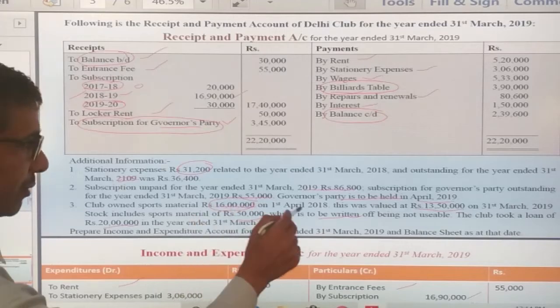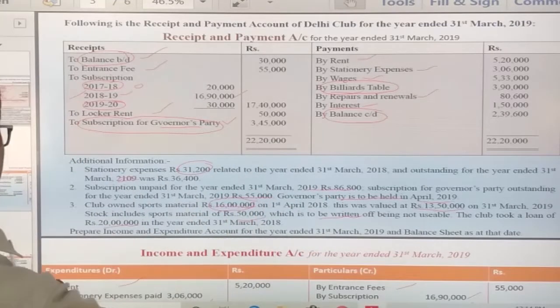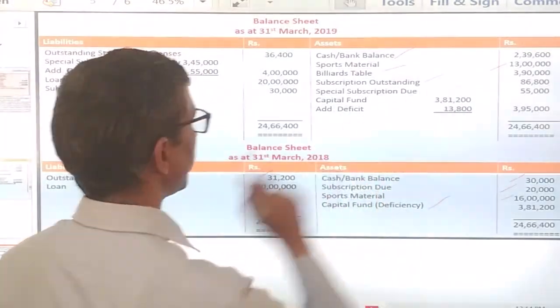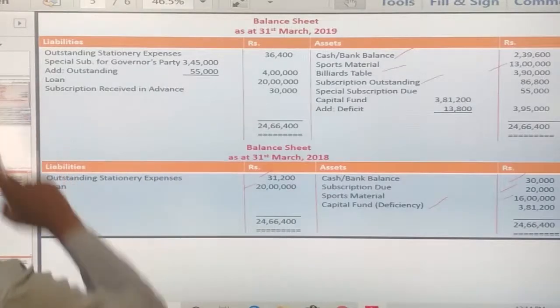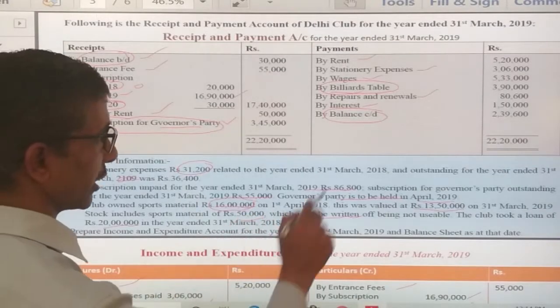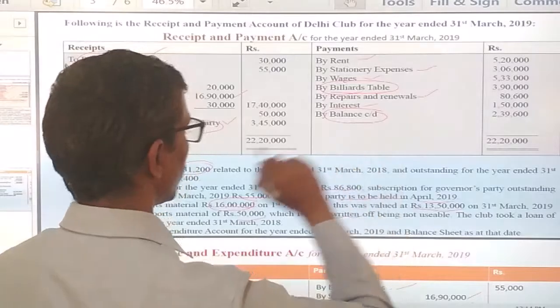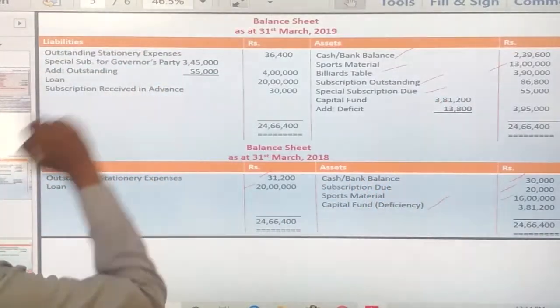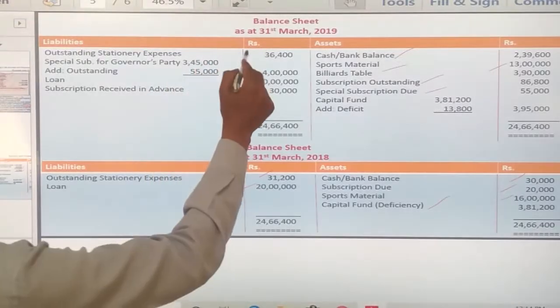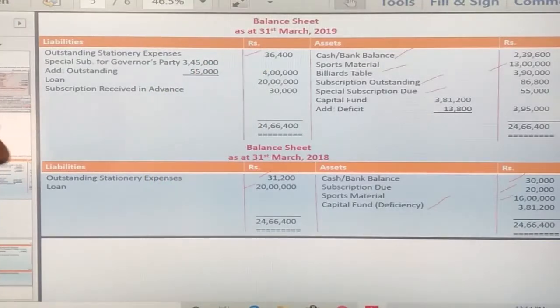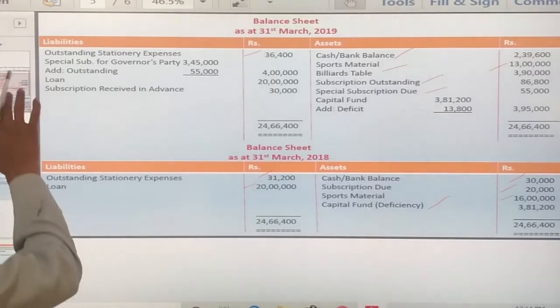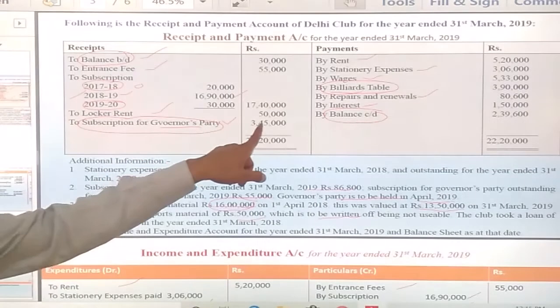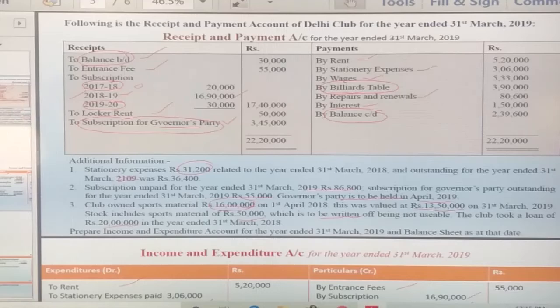Subscription outstanding given 86,800, that we have shown, and special subscription due 55,000 for the governor's party, that we have shown here. And on the liability side, stationery expenses which were due, outstanding at the end, 36,400 we have shown. And then special subscription received for the governor's party 3,45,000.